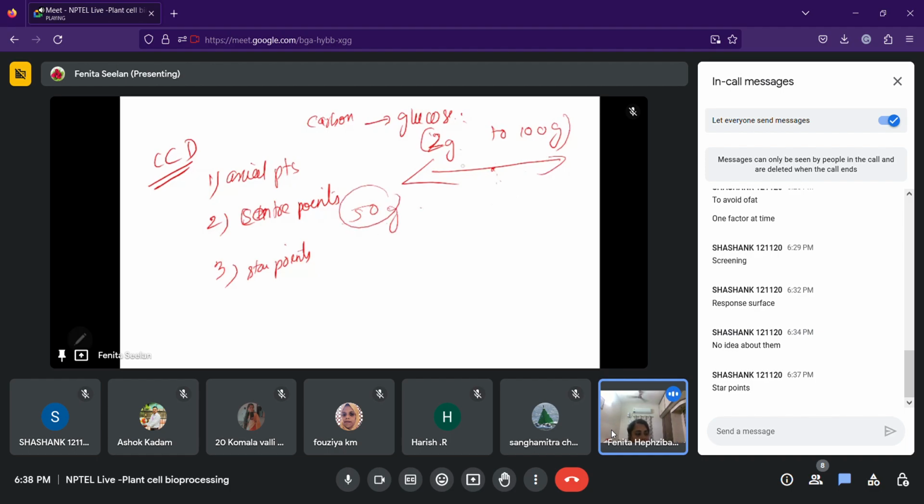And my actual points will be where? Say it is like a cubic design. So this is my center point. Why generally are center points kept?